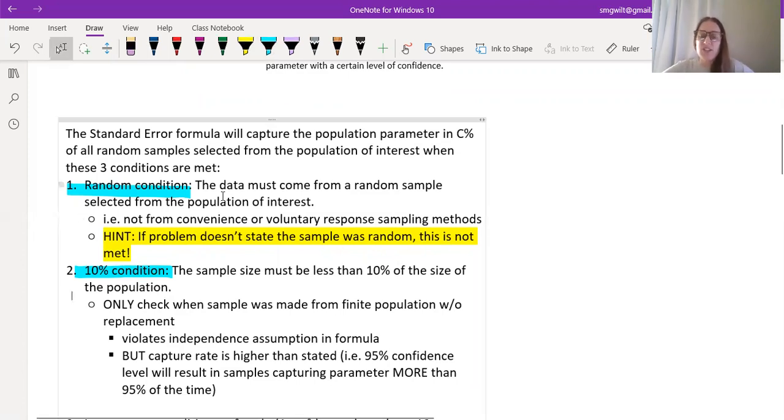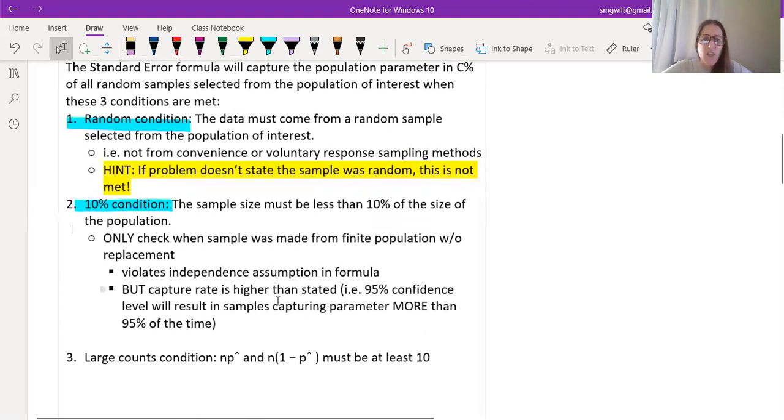The good thing about this condition is if it's not met, the capture rate's actually higher. So if I have a 95% confidence level, then it will result in samples capturing the parameter more often than 95% of the time, which is a good problem to have. It means that my samples are better than my confidence interval. And so we only have to check this when a sample is made from a finite population without replacement.